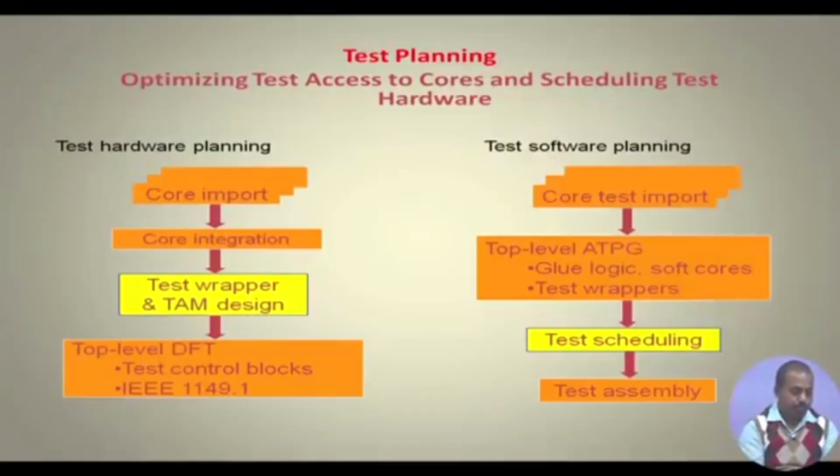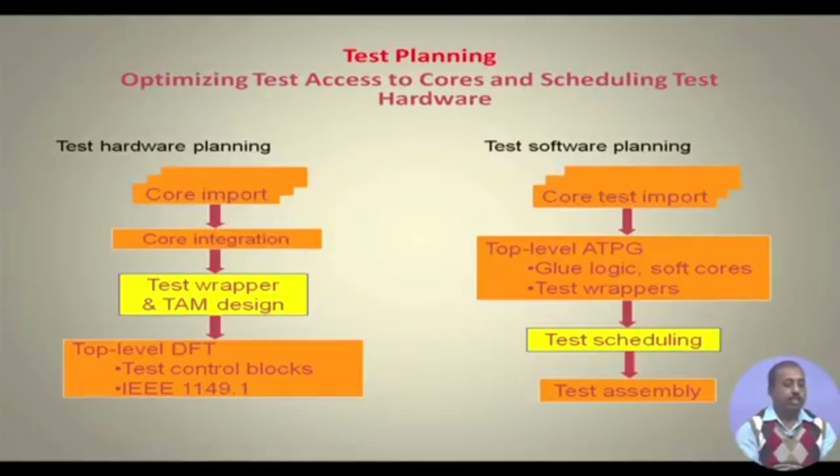And on the software side, once the core has been imported, side by side we also get the corresponding test data, so test patterns and the correct responses. They are also provided by the core vendor. So, they have given the core as well as the test pattern part, and then at the top level ATPG can be run, so that we can generate the test patterns for the glue logic.